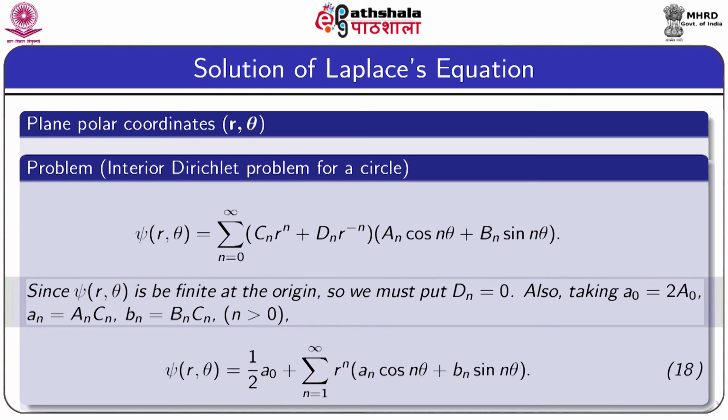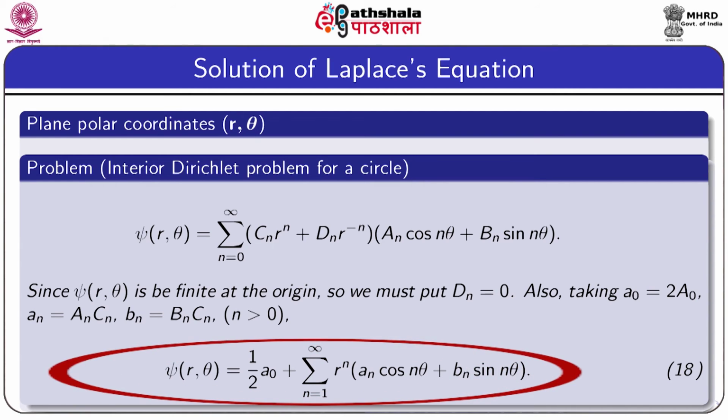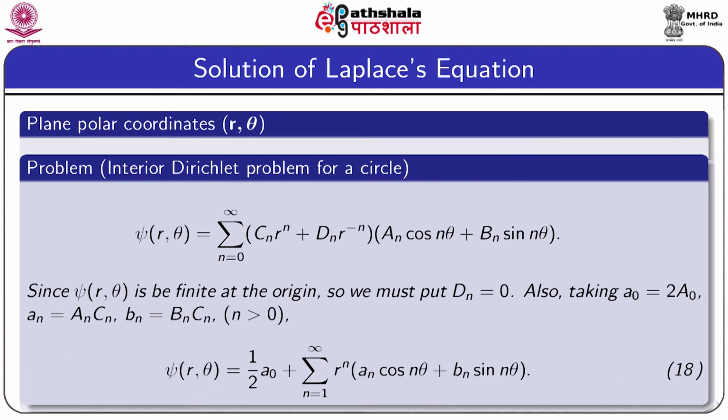So, it is possible only when Dn equals to 0. So, substituting Dn equals to 0 and defining the constants in this way, which is written here, we can write the solution in the form psi equals half a0 plus the sum over n of r to the power n into An cos n theta plus Bn sin n theta.